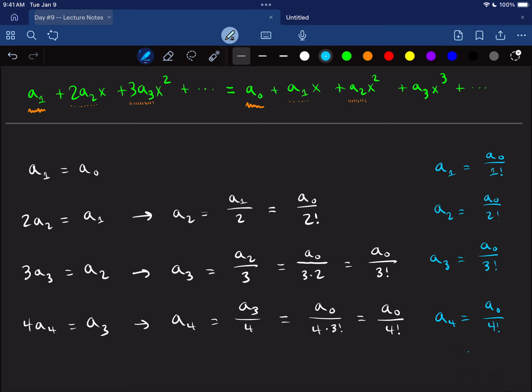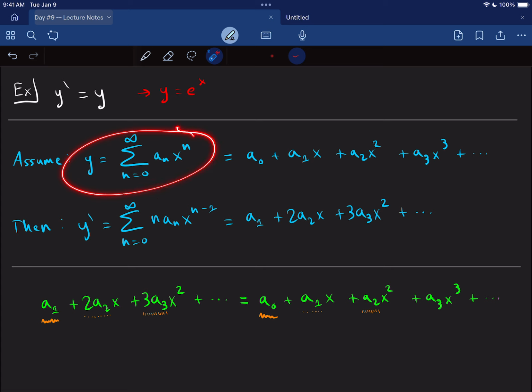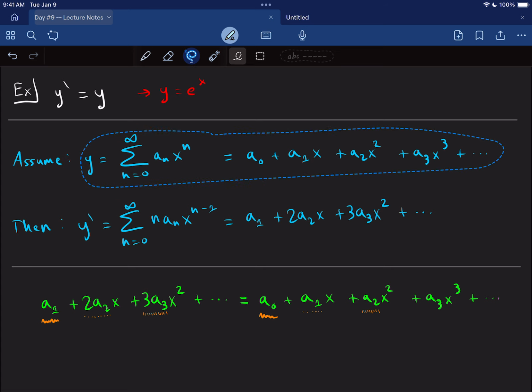And at this point, we're pretty much done with the problem. We sort of just have to go back and look at what we started with. So we started with this assumption that y took this format. And what I am going to do, I don't have to do this both ways, but I want to show you this both ways. So let's copy and paste that.